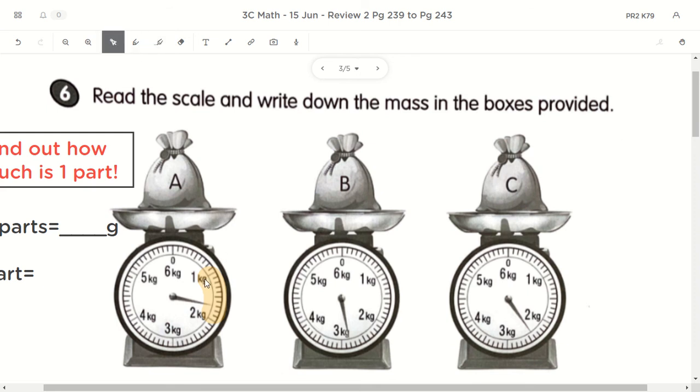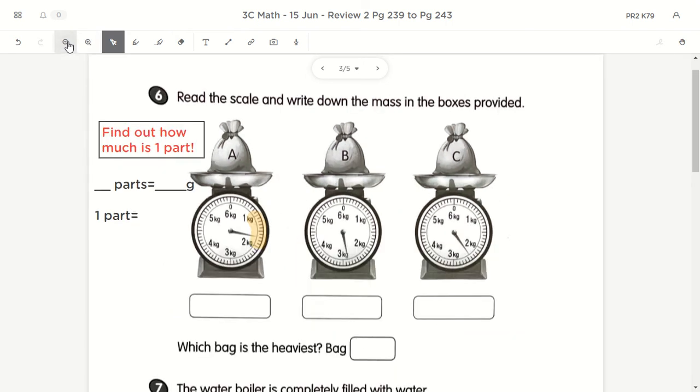You realize that between 1 kg to 2 kg, of course the difference is 1000 grams, and between these 1000 grams there is 1 2 3 4 5 6 7 8 9 10. There are 10 parts between 1 kg to 2 kg.